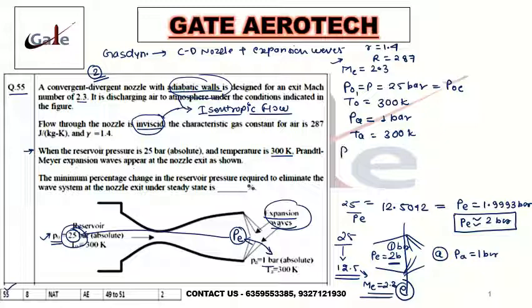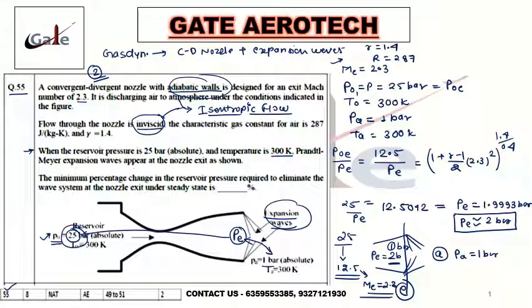So tell me, this is nothing but your 12.5 now, right? Calculate PE from here using this property, using ME, take it as 2.3 because they have given it already, and gamma is 1.4 divided by 0.4.